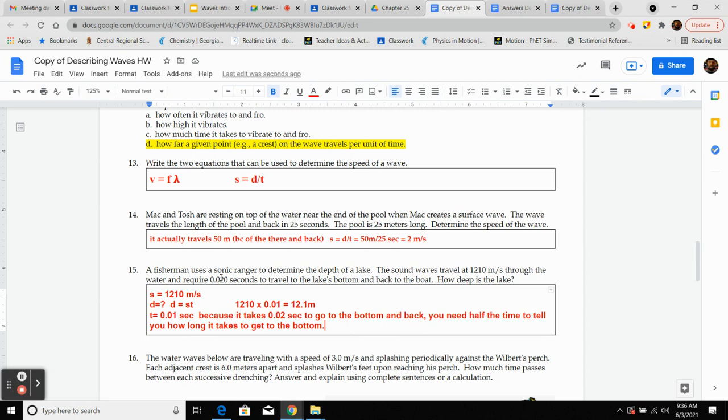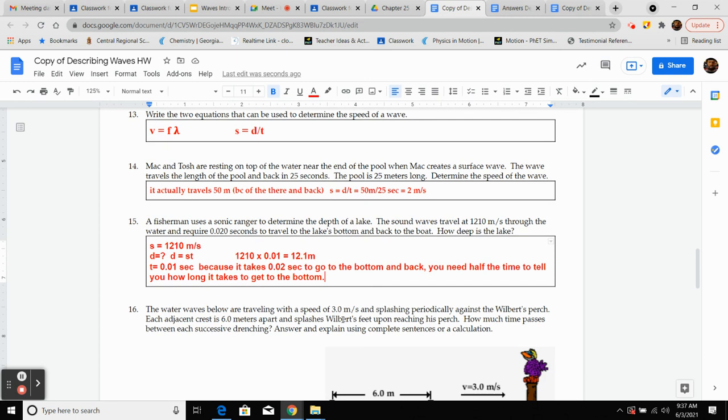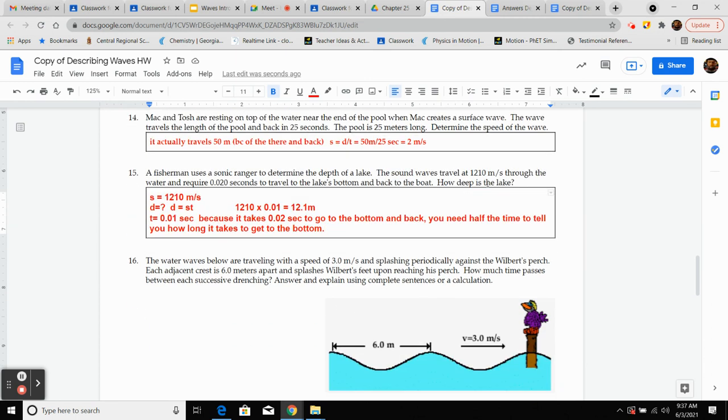But we want half that time because that will tell us the actual depth. So you can do 1,210 times 0.02 and then divide by 2. Or what I did was I said the time was 0.01 seconds because that's how long it's going to take to go to the bottom. Either way you decide to do it, you're going to come up with that same answer.